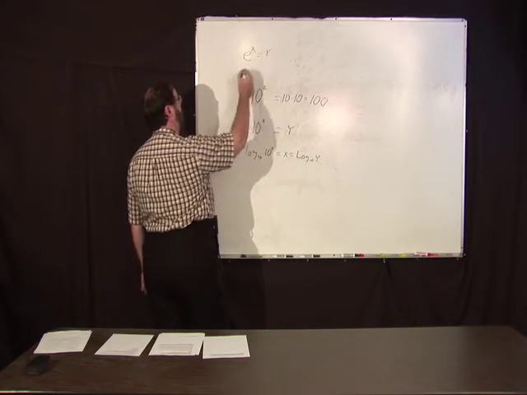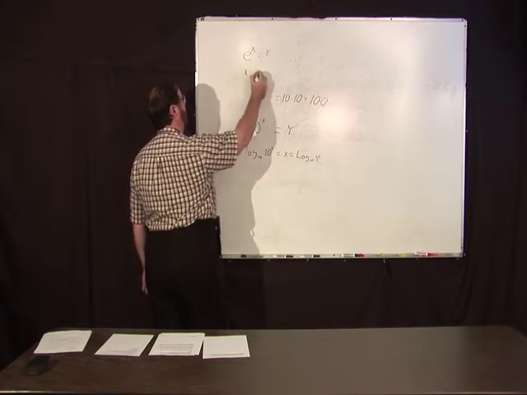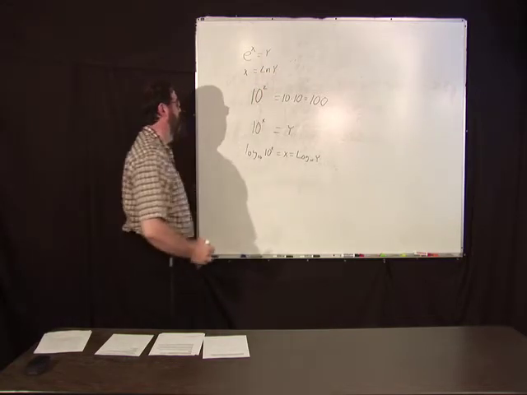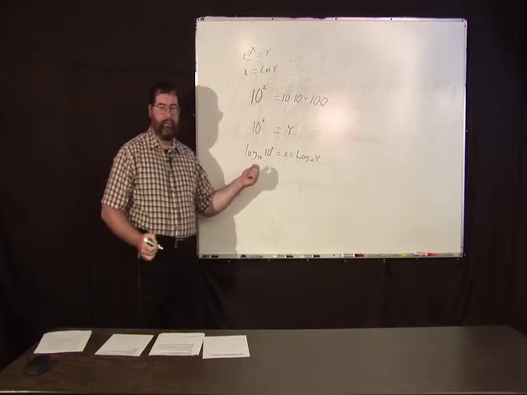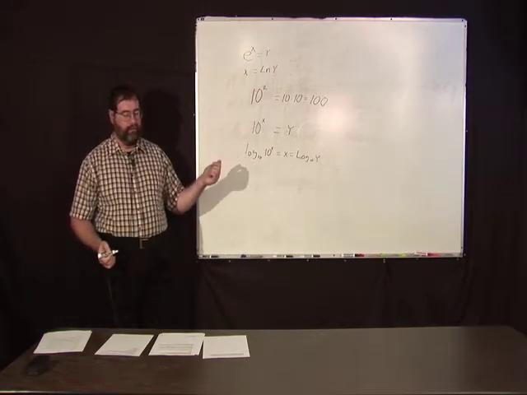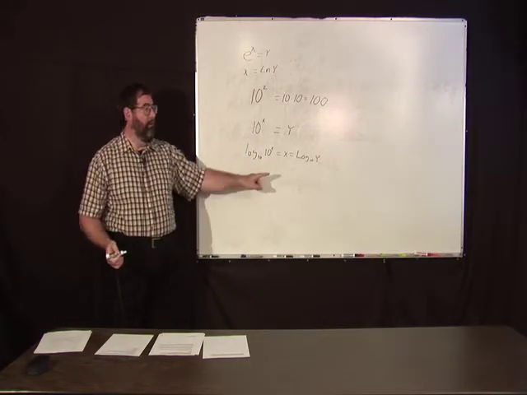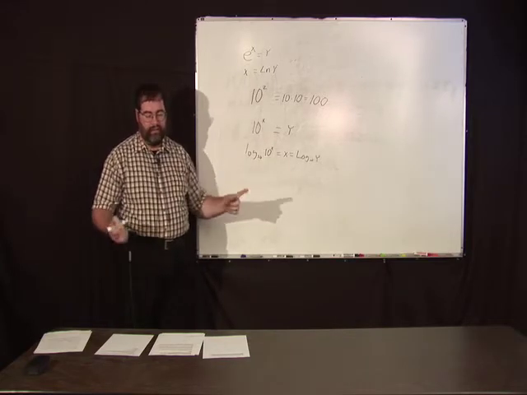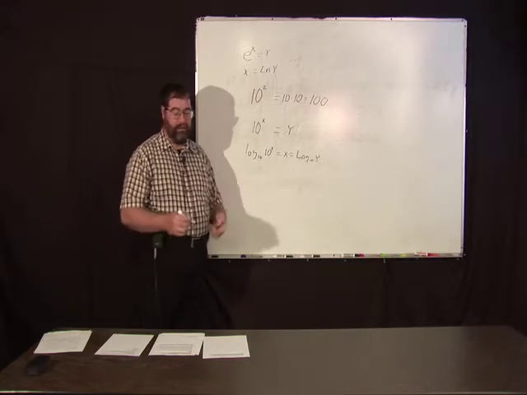The solution to this is x equals what's called the natural log of y. Now you've got to be careful if you're going to implement calculations in computer languages. Log might be the natural log, it might not be the base 10 log, and that's what we're going to talk about in a minute.